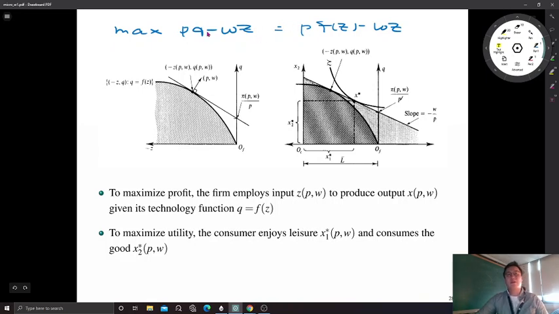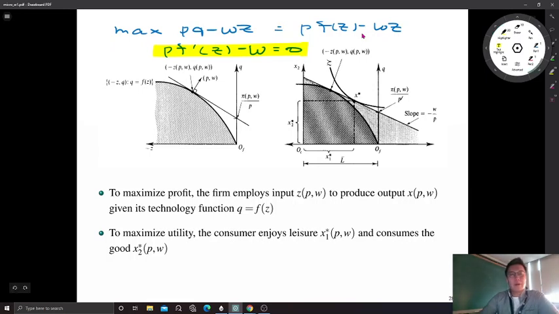So Q can be replaced with F of Z. Then we can rewrite the accounting profit as a function of Z only, given the price vector. So we can take the derivative to find the first order condition: P F prime of Z minus W, and set it equal to 0.